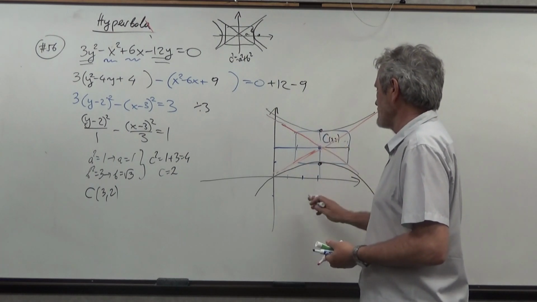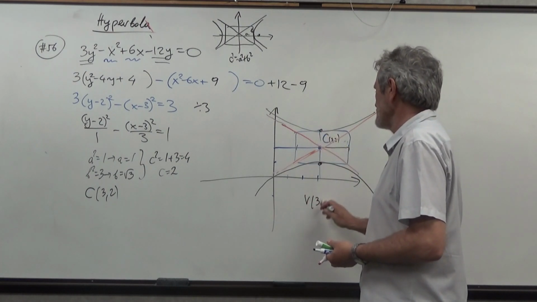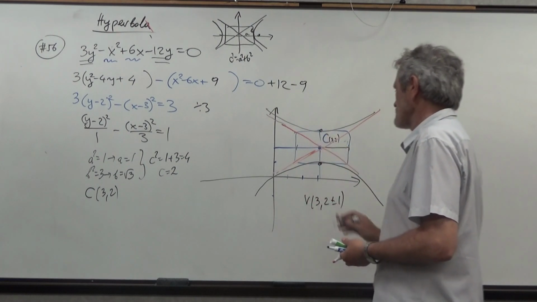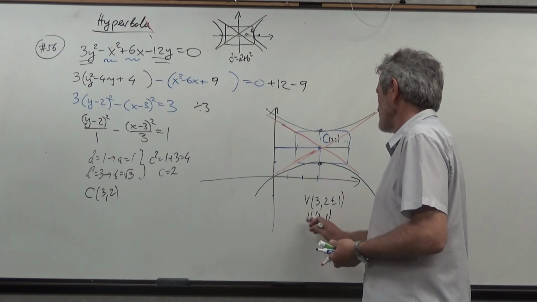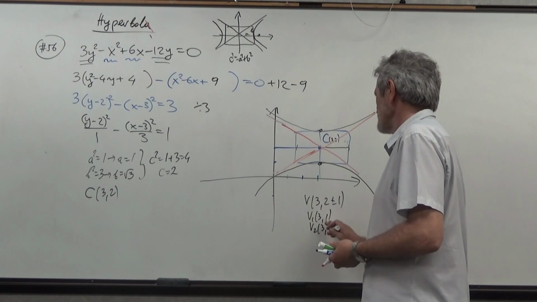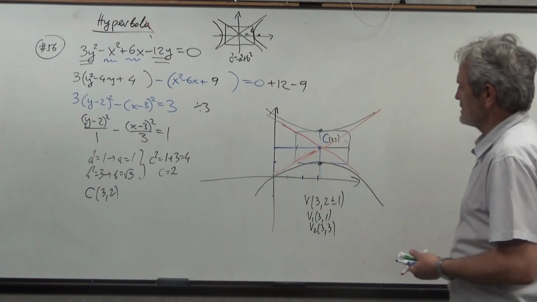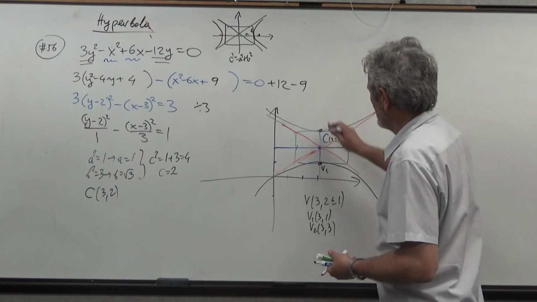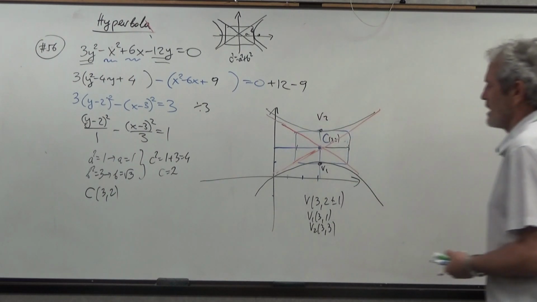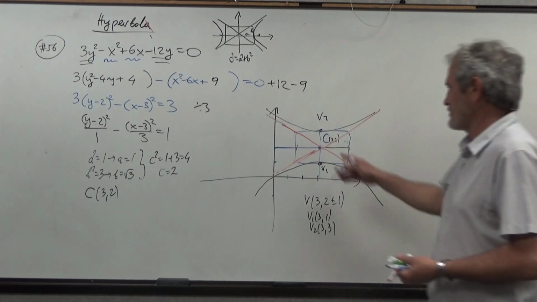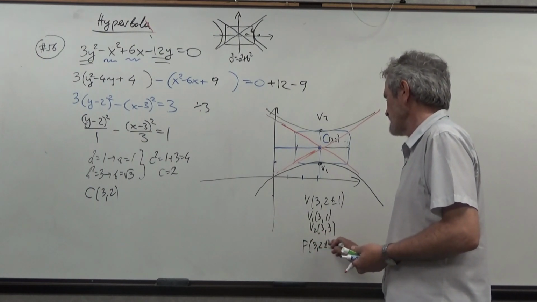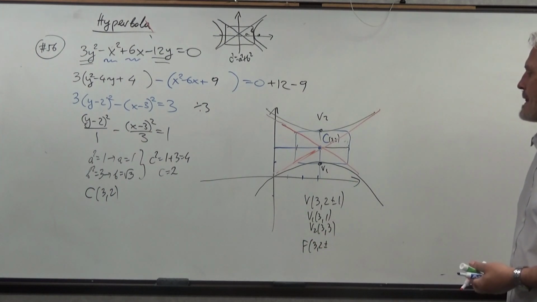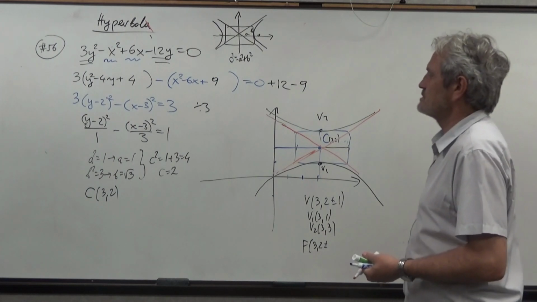So let's report everything. Vertices are 1 up and down, so vertices are (3, 2) plus or minus 1. So vertex 1 is (3, 1), vertex 2 is (3, 3). Where are the foci from the center? Foci are (3, 2) plus or minus 2.